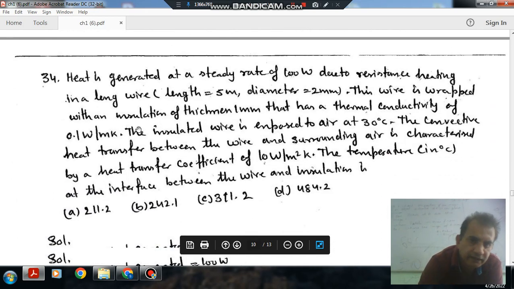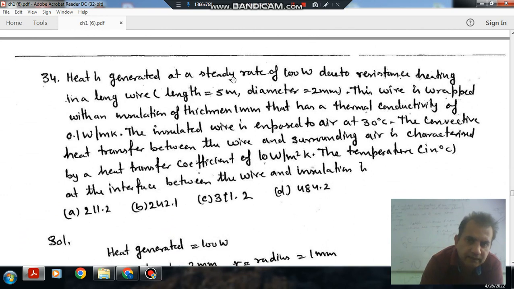Next, heat is generated at a steady rate of 100 watt due to resistance heating in a long wire of length 5 meter and diameter 2 mm. This wire is wrapped with an insulation of thickness 1 mm that has a thermal conductivity of 0.1 watt per meter per degree Kelvin. The insulated wire is exposed to air at 30 degrees Celsius.